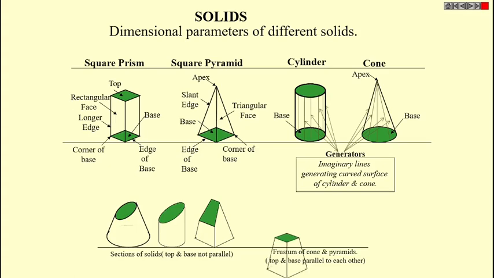Then we have discussed various types of solids, truncated solids, the frustum of a cone, the frustum of a pyramid, etc. Now in this particular problem, we will look into the projection of solids in which solids are inclined to particular reference planes.